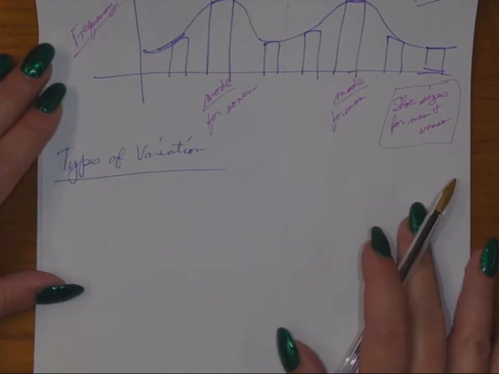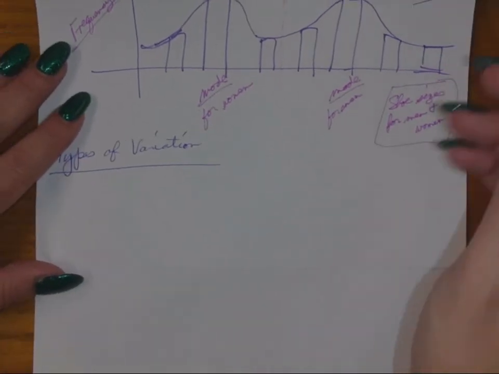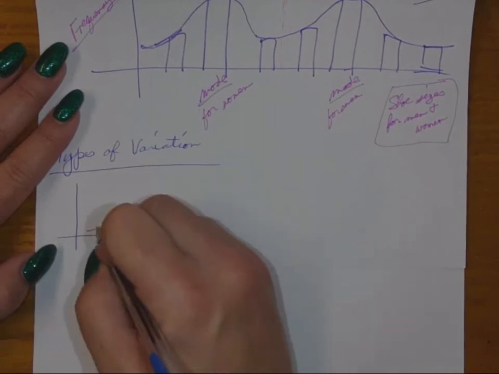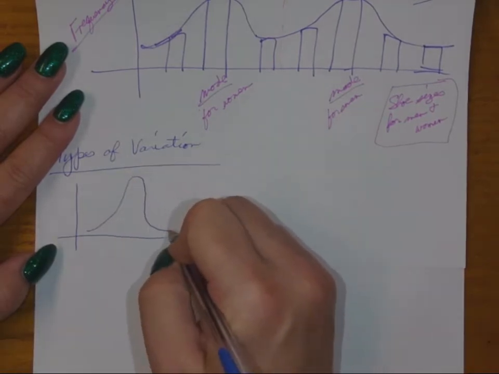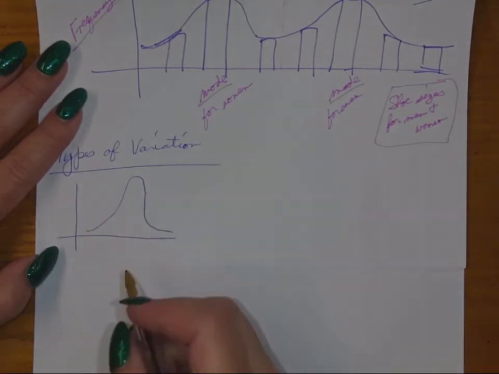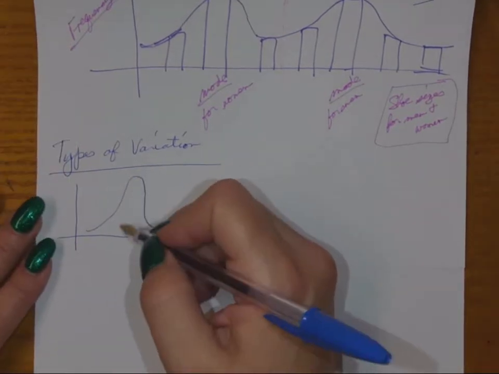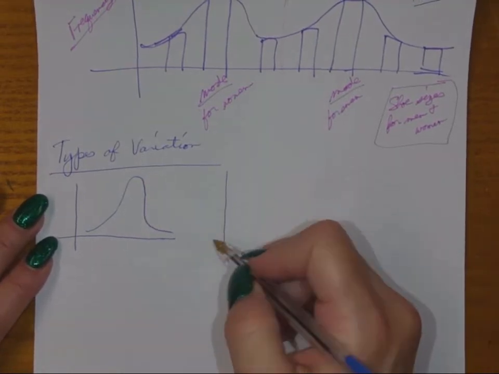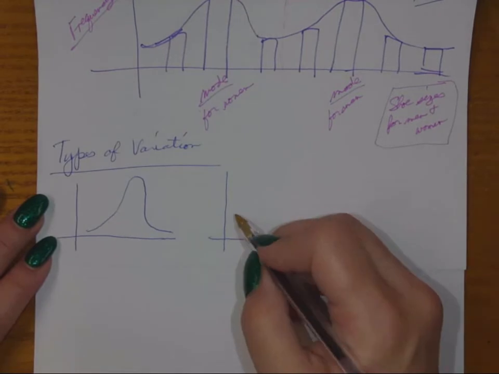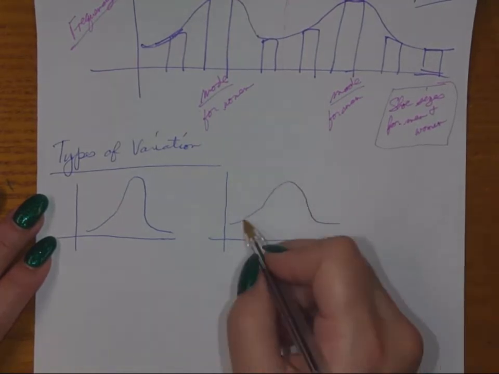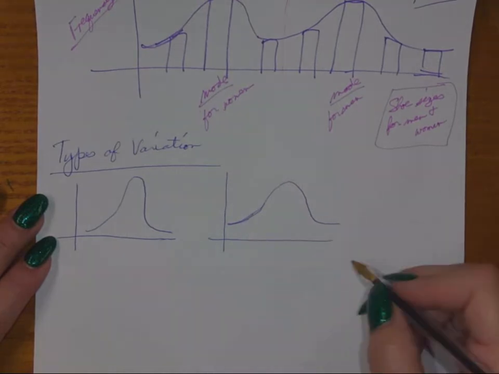I basically have three different things that can happen here, okay? I can have a graph that looks like this, kind of squished together and higher. I compare that to one that looks a little more like this, which is what a normal curve would look like, a kind of standard normal curve.